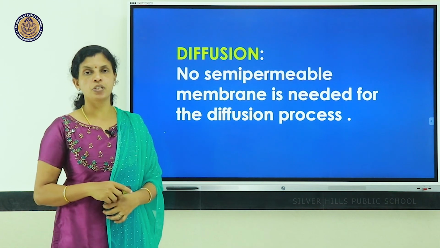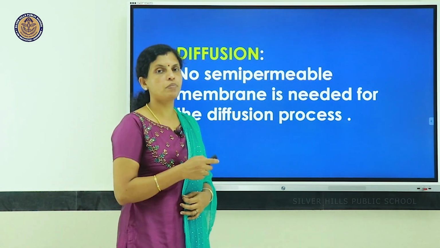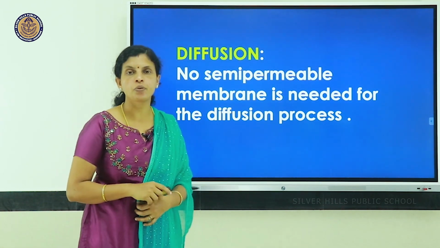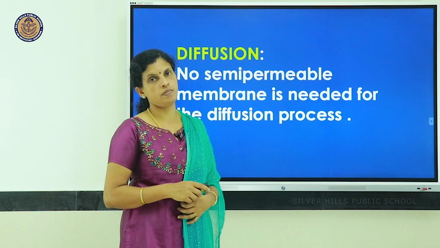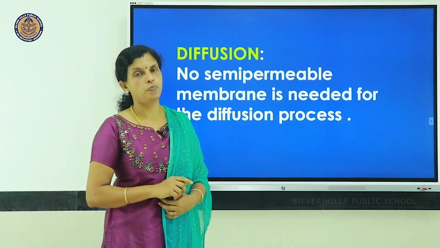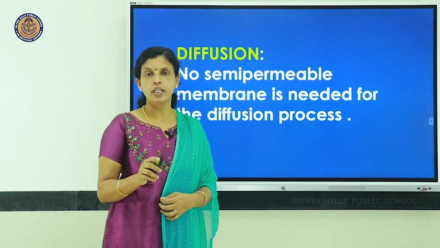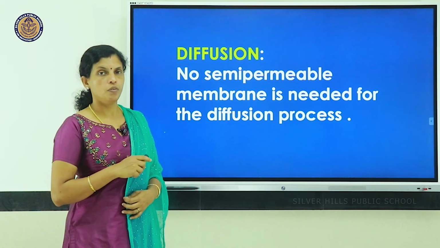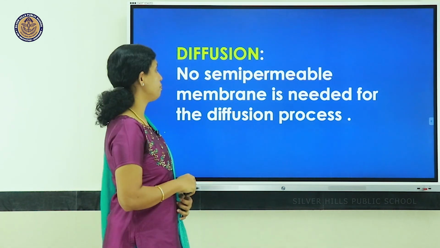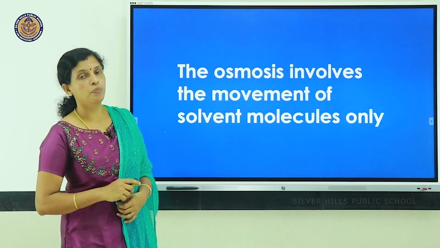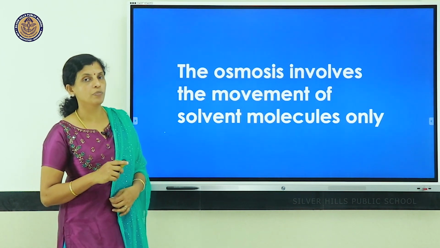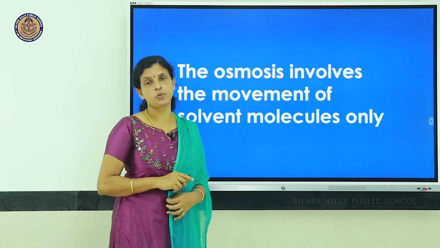Whereas in diffusion, a semi-permeable membrane is not required. That's the main difference between diffusion and osmosis. The second main difference is that osmosis involves the movement of solvent molecules only.